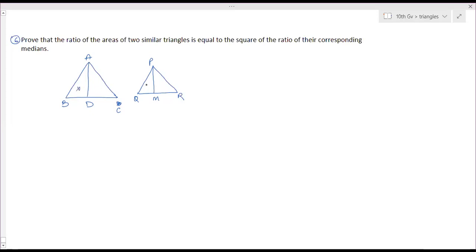Prove ABD and PQM are similar. Then by similarity, you can say AB by PQ is equal to AD by PM. And then the ratio of areas of similar triangles is equal to the square of AB by PQ. So in place of AB by PQ, substitute AD by PM. That's it.